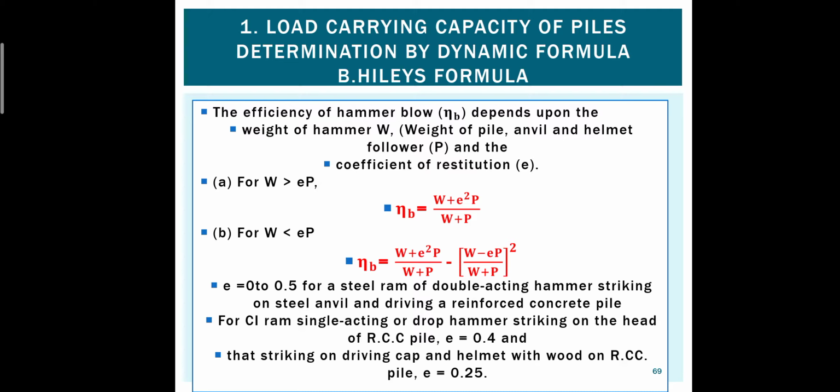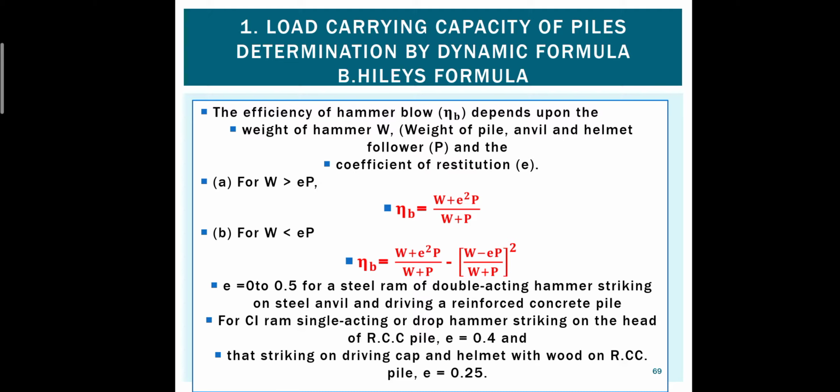And if you are driving a pile cap with wood above the RCC pile, then we use the coefficient of restitution as 0.25. So when wood comes into the picture, the coefficient of restitution reduces.